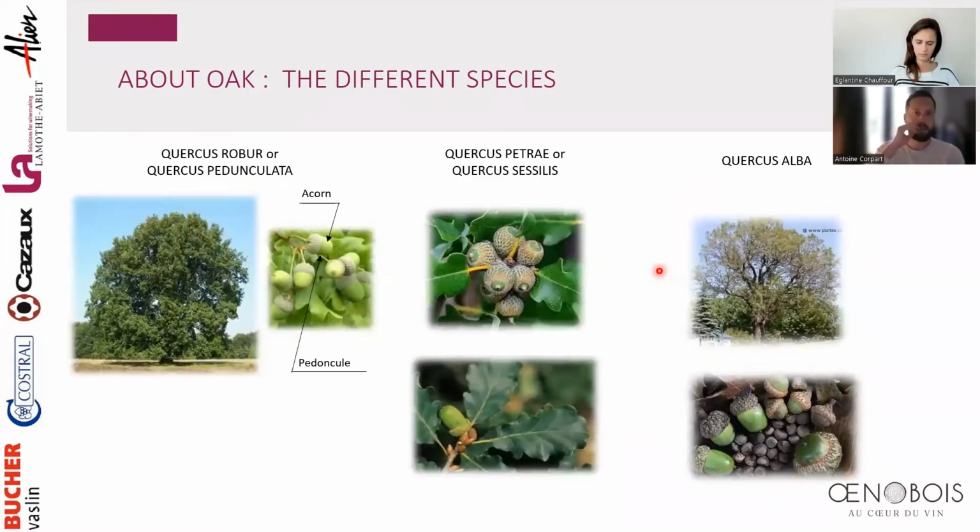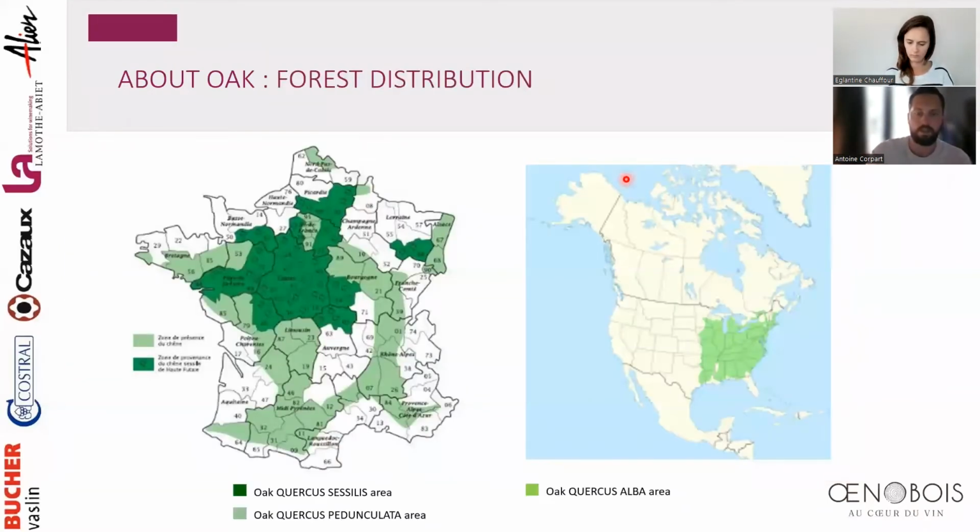So now let's talk about the different species of oak. Mainly, you can find three different species: the Quercus pedunculata, the Quercus sessilis, and the Quercus alba. At La Motabier, we work only with the Quercus sessilis from France and the Quercus alba from America. Now, talking about the forest distribution.